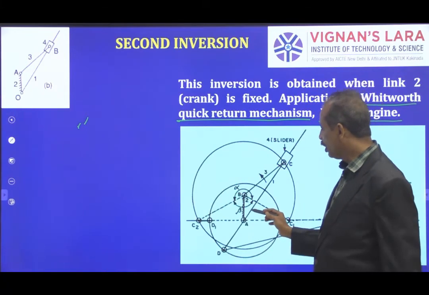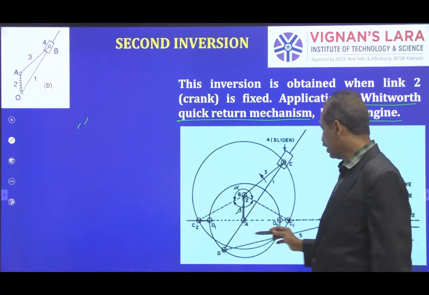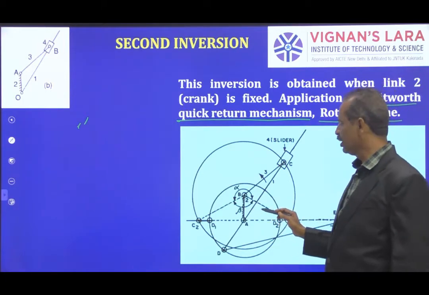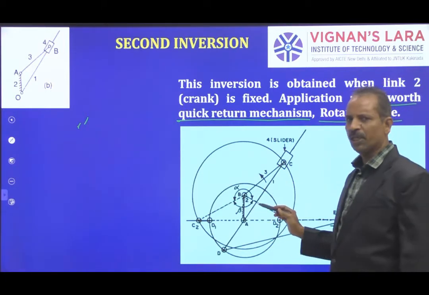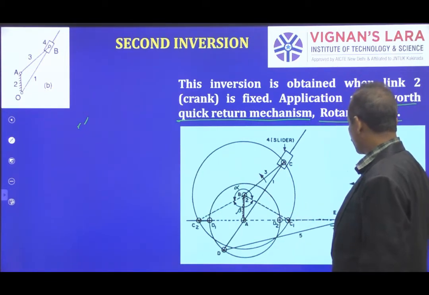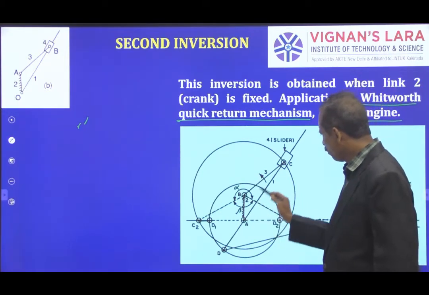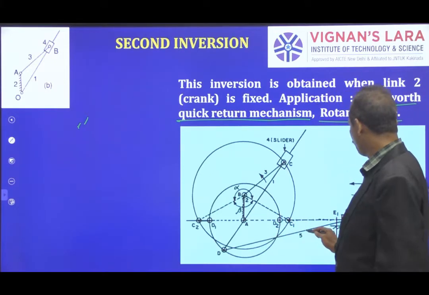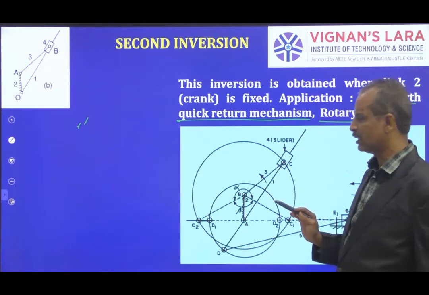The output of the 4th link we are taking for our consideration, but the actual mechanism is the application of a single slider crank chain to a particular purpose. That is why I will focus on up to the 4th link only. Of course, you have the 5th link and 6th link also.